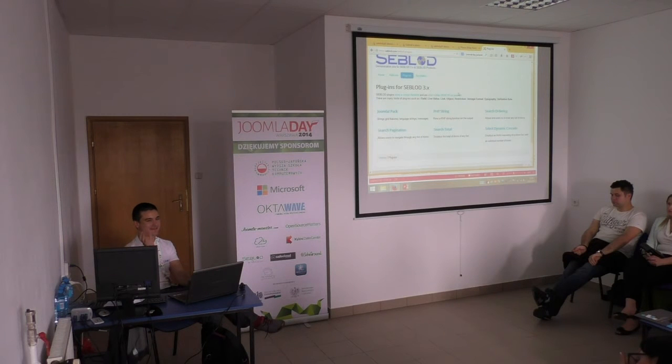So basically you can do everything you do normally with different modules inside SEBLOD, because it's really easy to do such lists, related articles, last articles, the comment form, everything that's used a lot in Joomla websites can be made with this CCK.